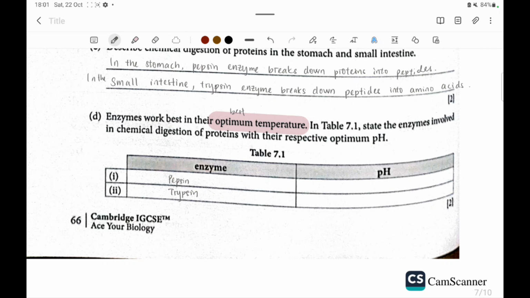Okay, pepsin is in the optimum condition. pH is actually 2. Trypsin is slightly alkaline. Wait, let me check again.